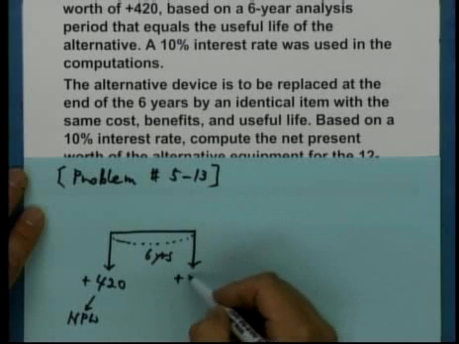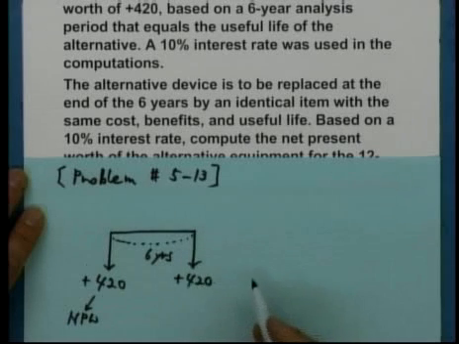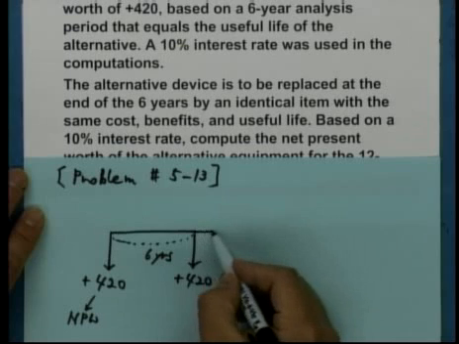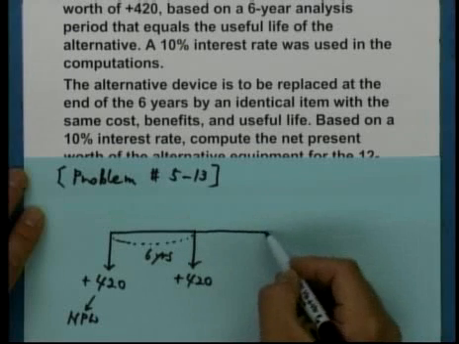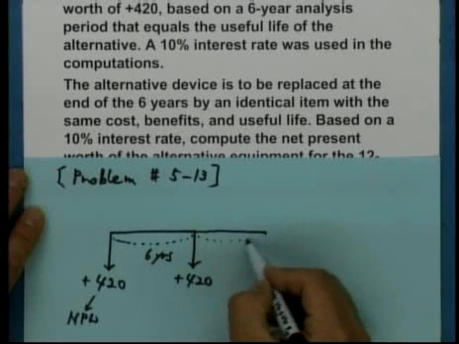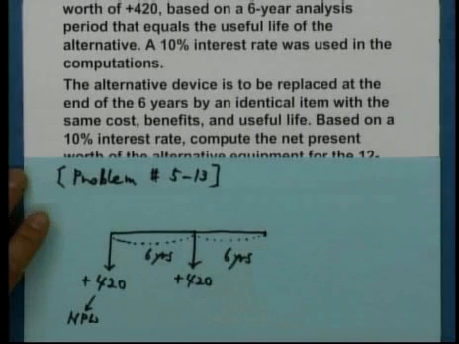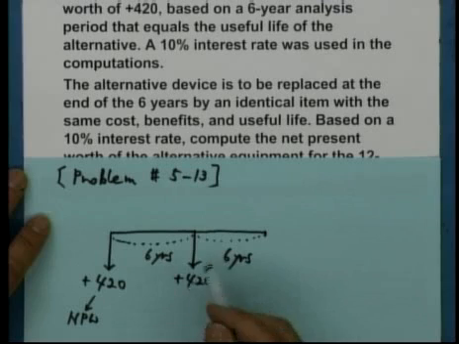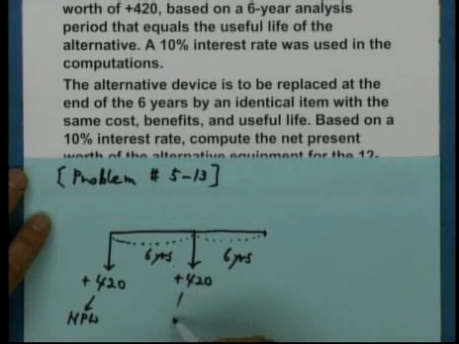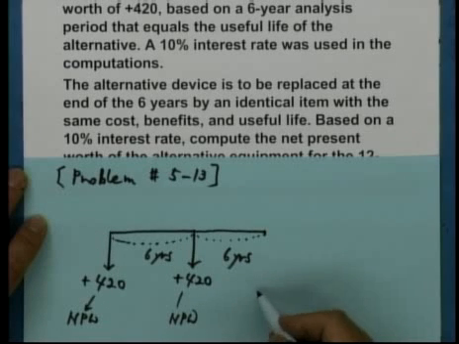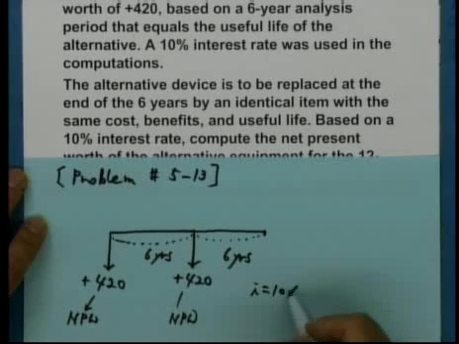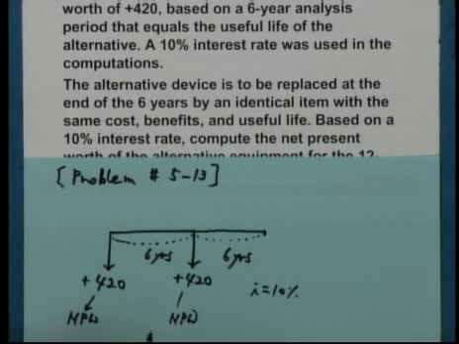So we have another $420, which will last for the next 6 years, right? So this is the net present worth, right? And we are using 10% interest rate.